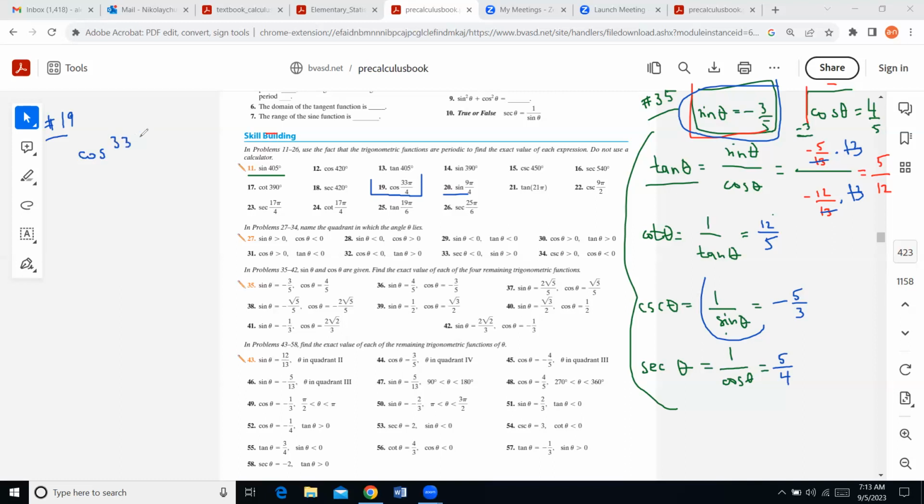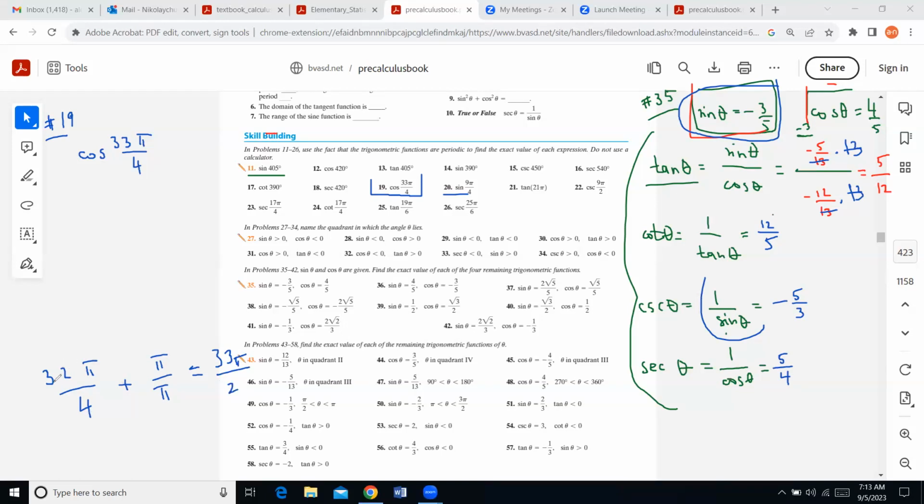33 pi over 4. So I want to make sure that I pull out this pi over 4 part correctly. Notice that if I have 32 pi over 4 added with pi over 4, that will be exactly my 33 pi over 4. Why do I select 32?